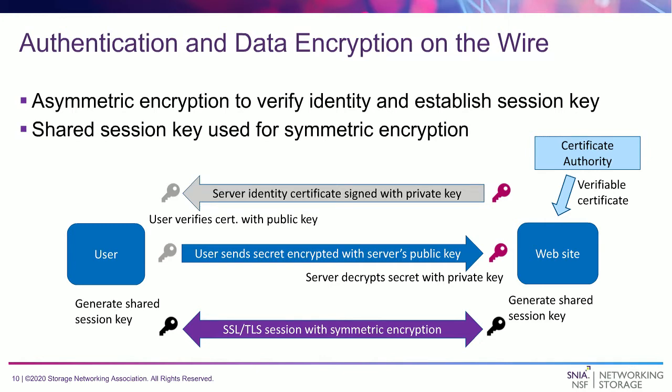So the certificate authority does some verification that the website is in fact who they say they are, and then issues a certificate that's encrypted with the certificate authority's private key. And they issue a private key and a public key to the website. The website holds on to the private key and keeps it secret, but makes the public key available to anybody.